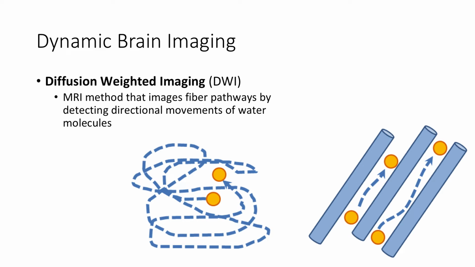However, in fibers, their movement is restricted by the tract's orientation and its contents, and it tends to follow the direction of its longitudinal axis. For example here, this could be in CSF, where these water molecules just randomly move around. And here, if you have these long axons with the myelin around it, which is a fatty substance that water cannot go through, the water will go along with these axons.